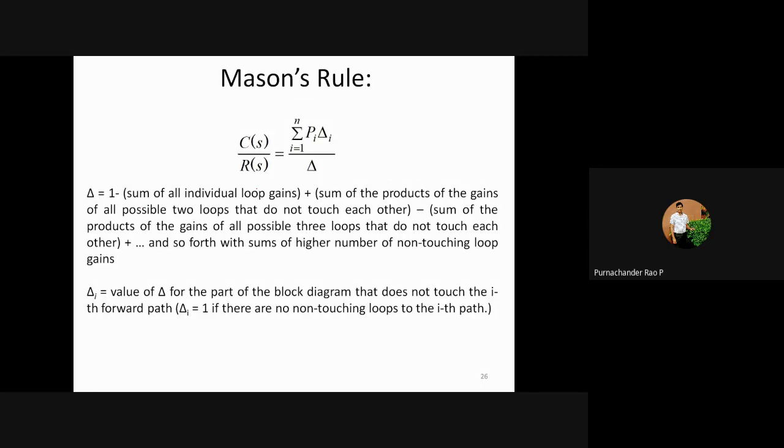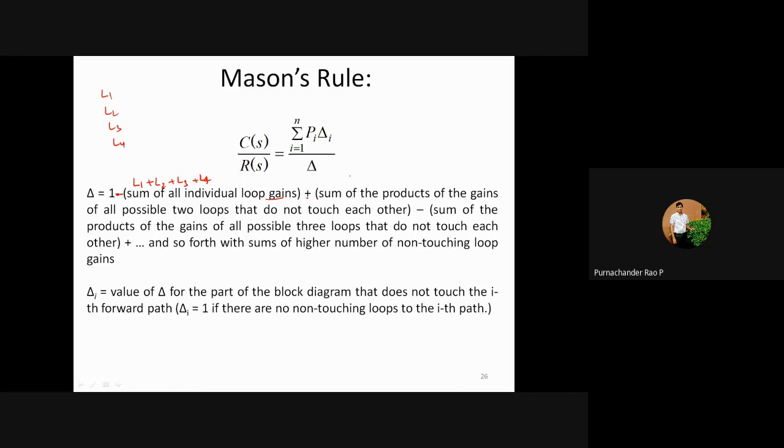This delta can be obtained as 1 minus the sum of all individual loop gains. We have found L1, L2, L3, L4, so we need to add up like this: 1 minus (L1 plus L2 plus L3 plus L4). Remember, 1 minus the sum of all individual loop gains plus the sum of the products of gains of all possible two loops that do not touch each other.